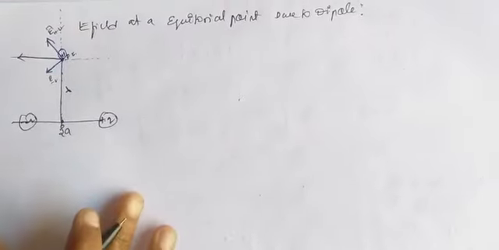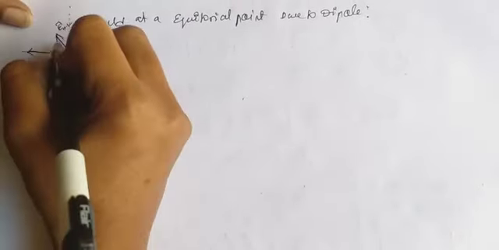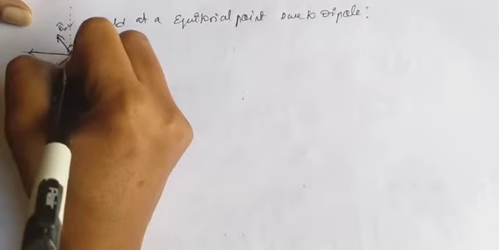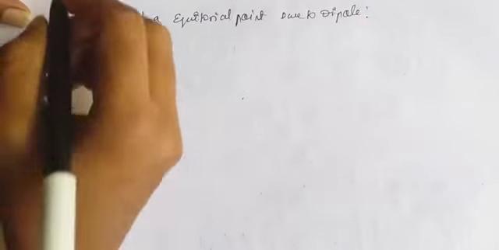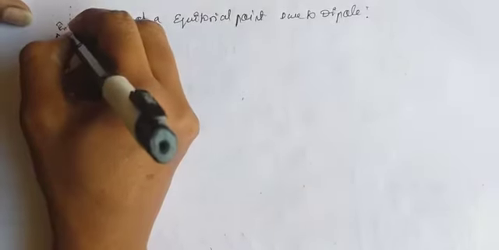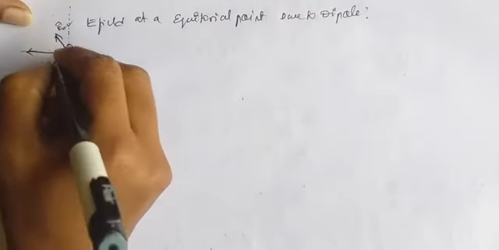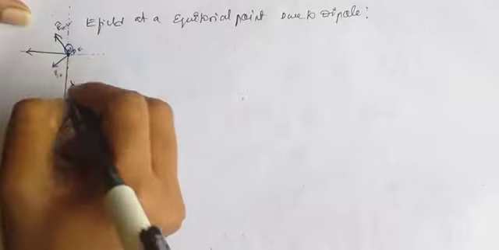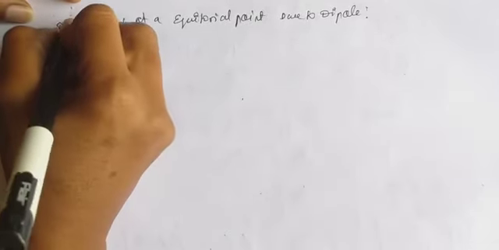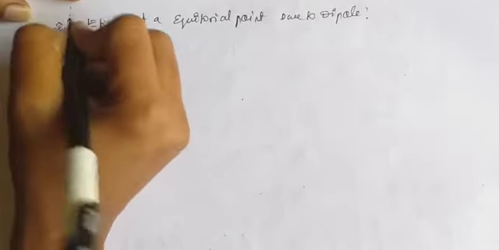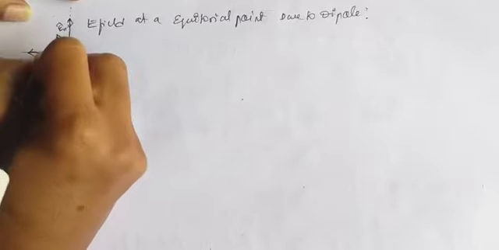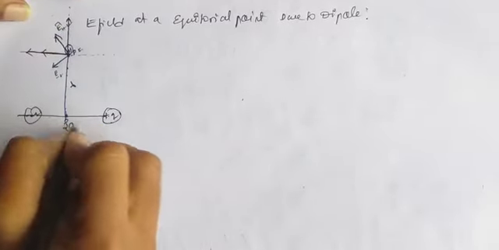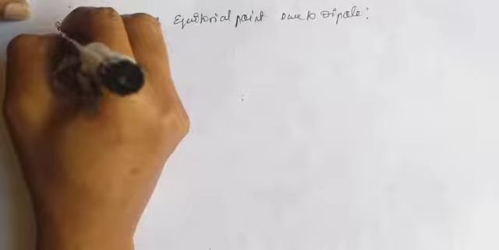Now this electric field due to the positive charge will be resolved into two components, along the line of the dipole and perpendicular to the line of the dipole. So this is perpendicular to the line of dipole and this is along the line of the dipole.